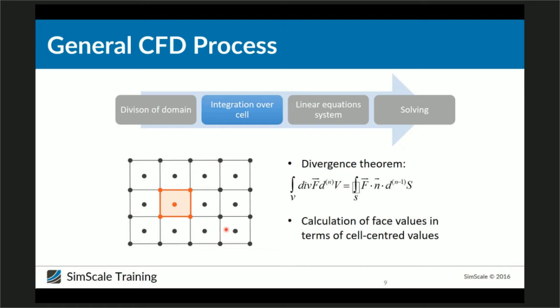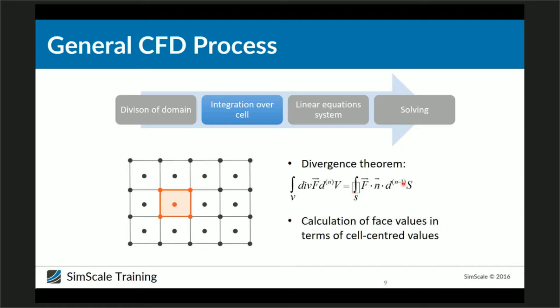The next thing is applying a very fundamental theorem of mathematics, the divergence theorem, also called the Gauss theorem. If you take a look at the equation, it says the volume integral of the divergence of the field F is equal to the surface integral of the field over the surface.